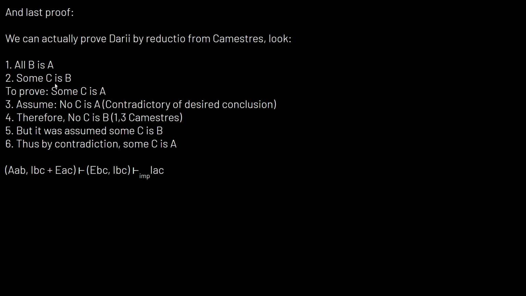All B is A, some C is B, and we want to prove the conclusion that some C is A. We assume the contradiction, that is no C is A, and I can use one of the earlier premises, as I've said, from premise 1, and then I can use the assumption 3 to conclude that no C is B. But then the problem is no C is B contradicts premise 2, that some C is B. Thus by contradiction, some C is A. So we really just proved the conclusion again just by contradiction, showing that the opposite leads to impossibility.